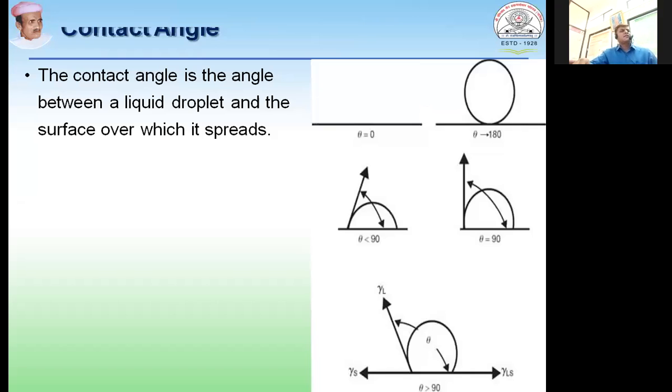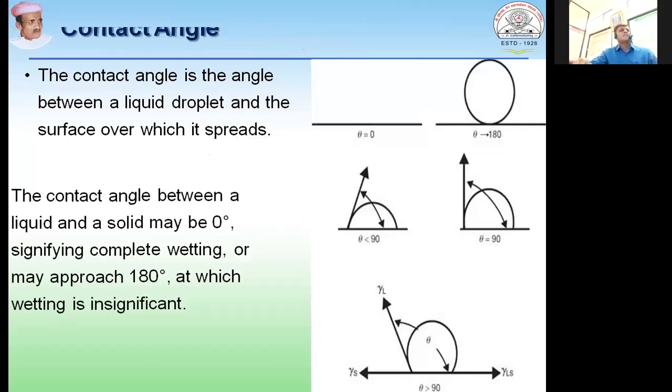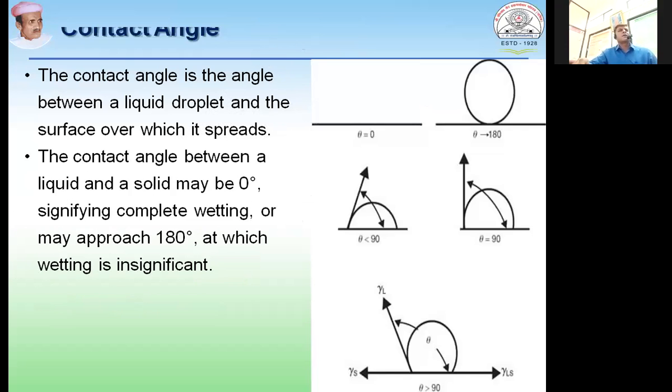Wetting agents are nothing but surfactants having HLB value between 7 to 9, and the work done by a wetting agent is to decrease the contact angle between the liquid molecule and solid surface. The contact angle between a liquid and solid may be 0 degrees, which signifies complete wetting, or it may approach 180 degrees, at which wetting is insignificant.